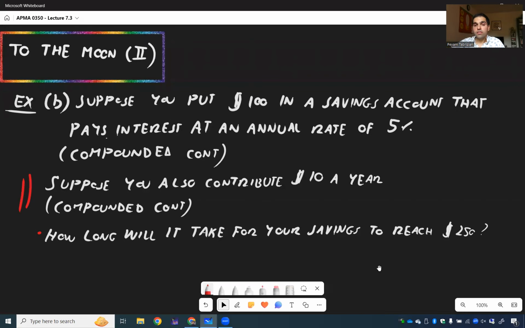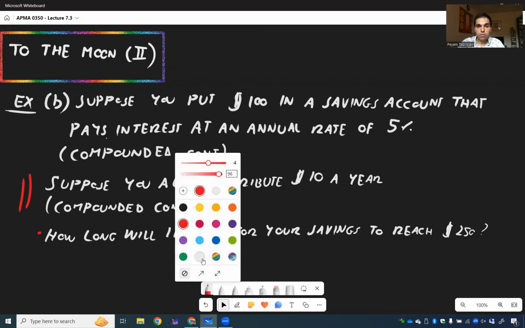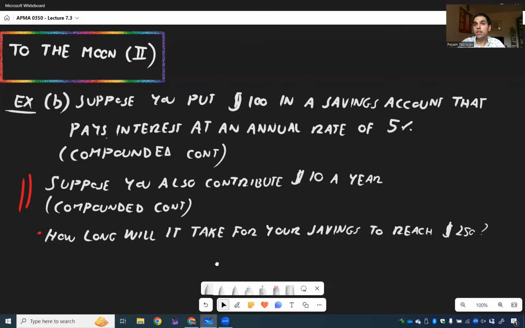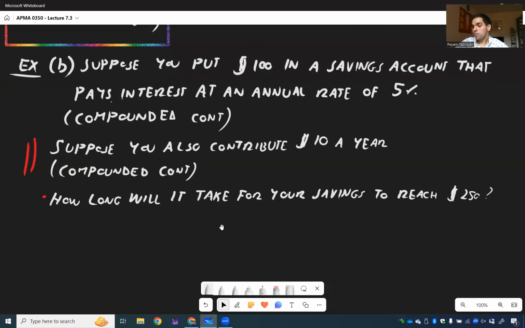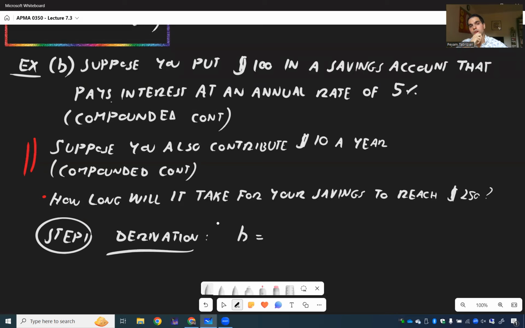And the idea is the same thing. So, we just do a little change in time. So derivation, h, once again, a small change in time.